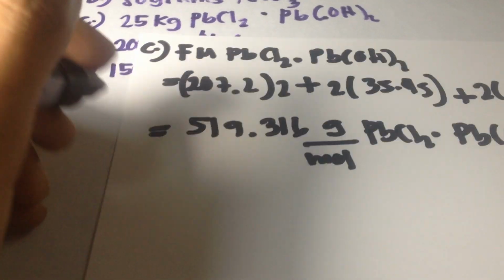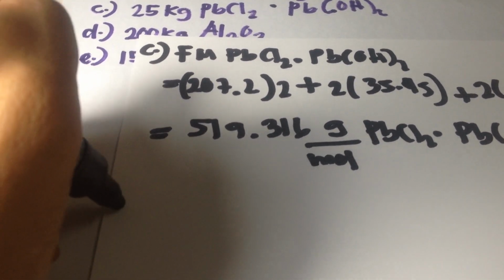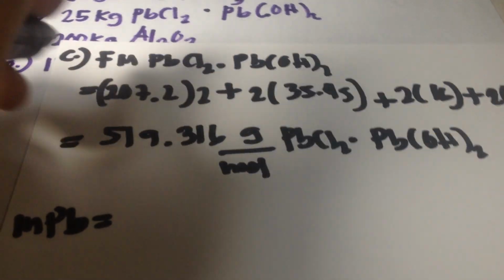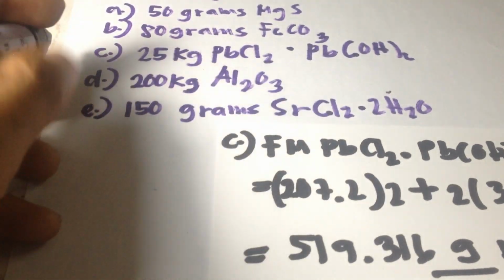So we find the mass of lead. The given is 25 kilograms.